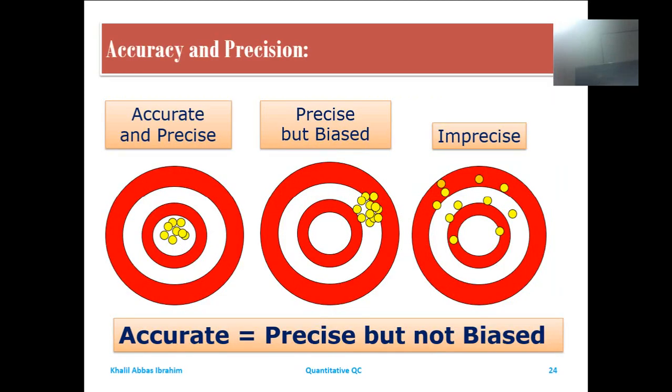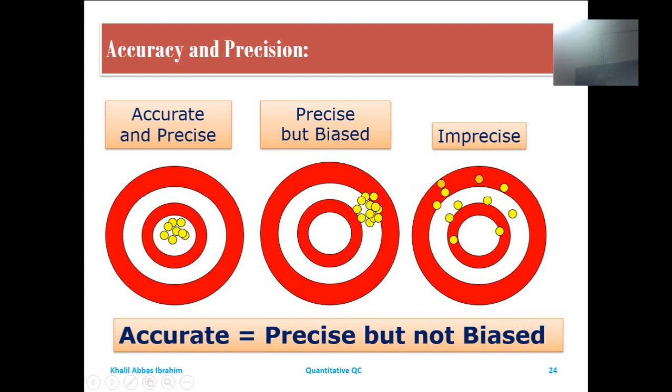Accuracy and precision. This slide has been designed to point out and illustrate the difference between accuracy and precision as indications of the reliability and effectiveness of the system that you are adopting in the laboratory.